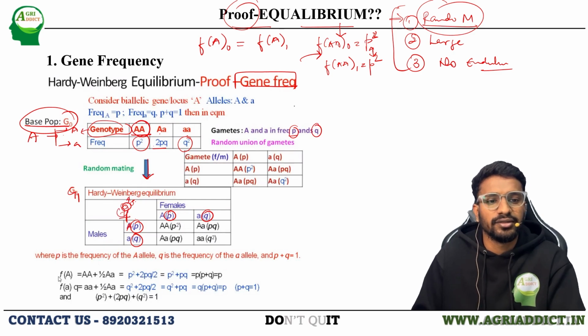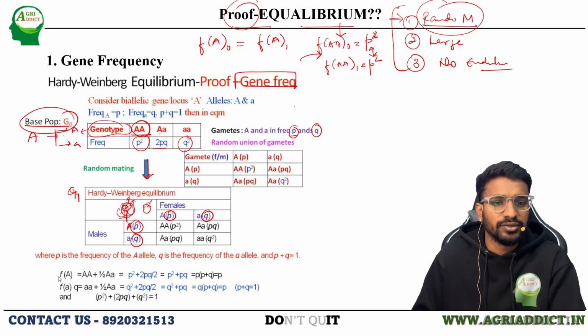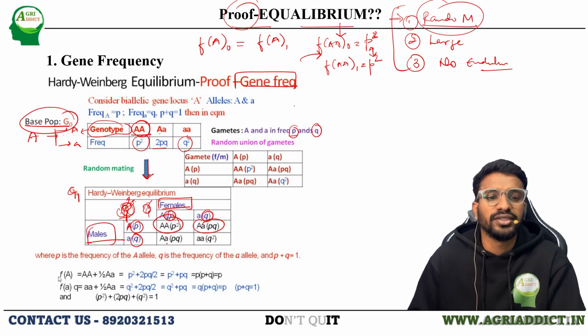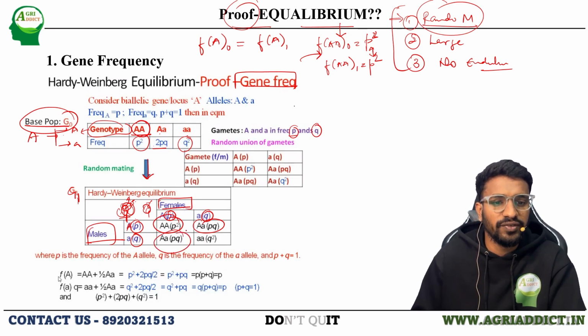If we cross, these are the possible genotypic frequencies that we get in the G1 generation.